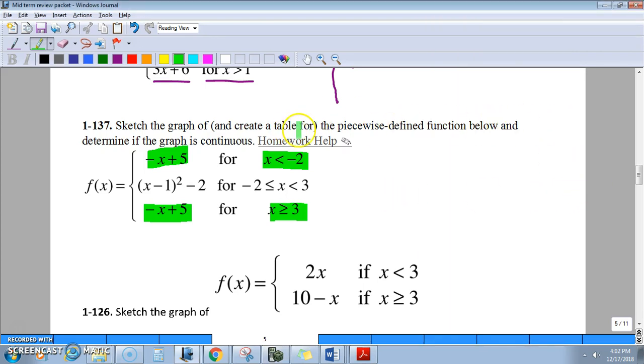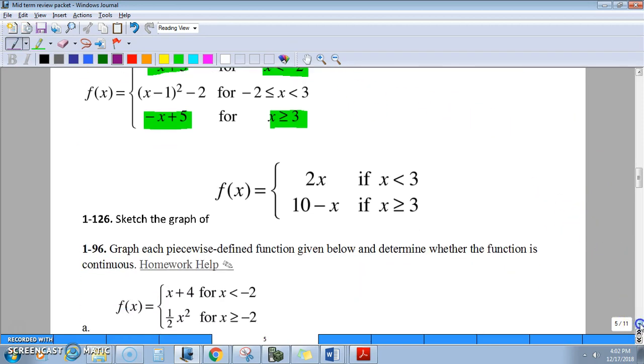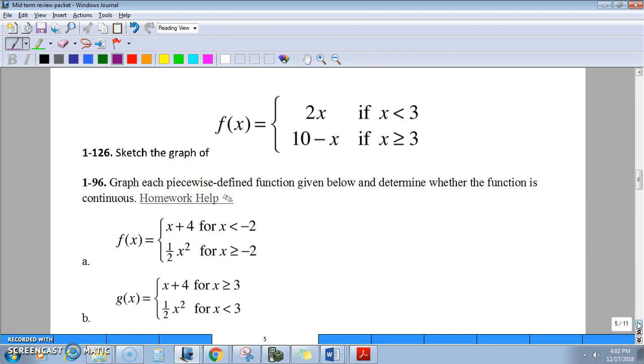All right, so review the piecewise function below and determine if the graph is continuous. We said it is continuous because you did not have to pick up your pencil if you were going to trace that graph there. Sketch the graph of this one here.